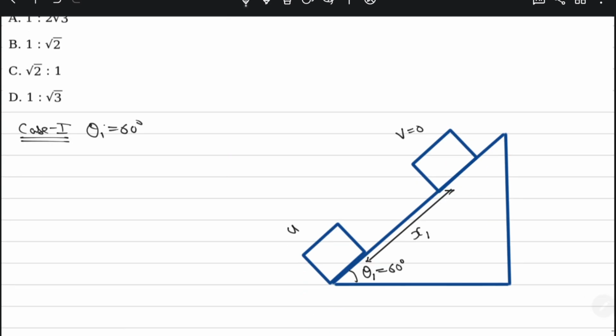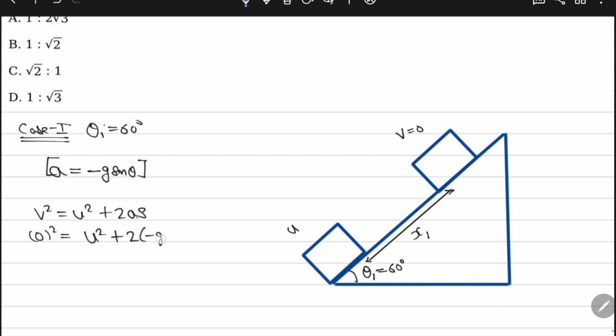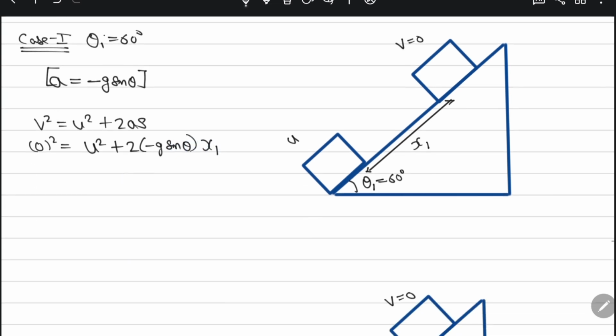This is the condition, and you know acceleration is basically minus g sine theta. This is an inclined plane, you know this thing, right? So v square is equal to u square plus 2as. The final velocity becomes 0, the initial velocity is u, so 0 equals u square plus 2 times acceleration, minus g sine theta, times distance traveled x1, right?